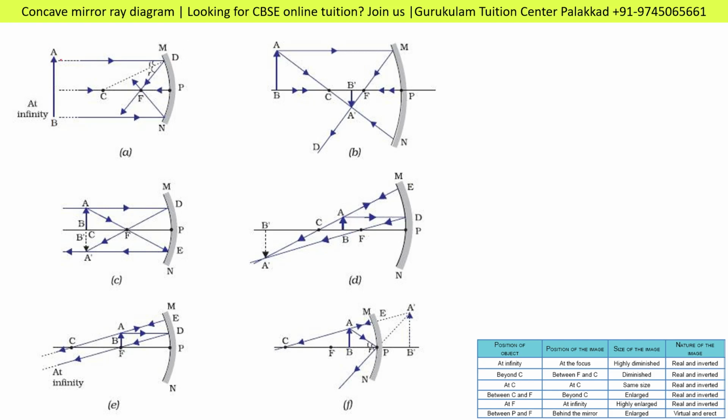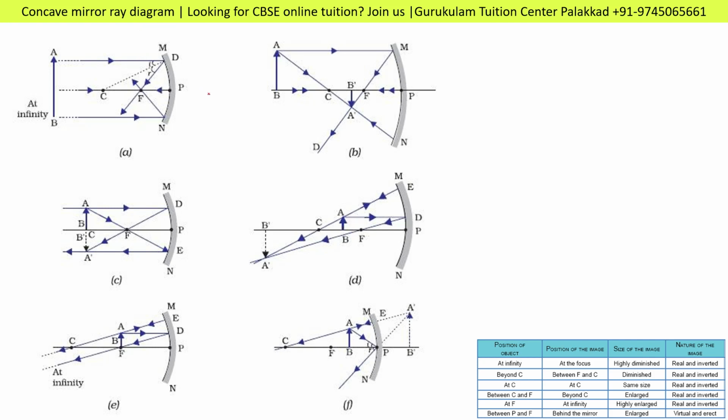One ray is passing parallel to the principal axis and it is coming through the focus, and we are taking another light ray, it is coming again and passing through the focus. In this case, the image is formed here, and we are getting a tiny image of the object, and the nature is like what? It is a real image, but it is inverted. That is the first case.